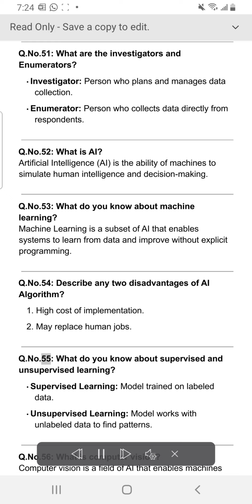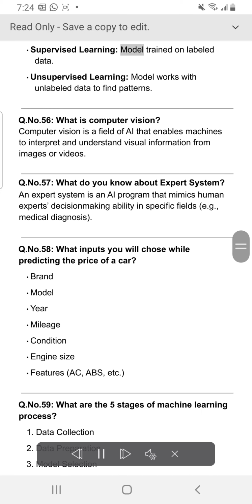Q. Number 55. What do you know about supervised and unsupervised learning? Supervised learning: model trained on labeled data. Unsupervised learning: model works with unlabeled data to find patterns.